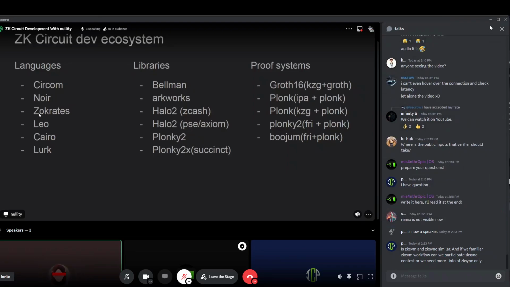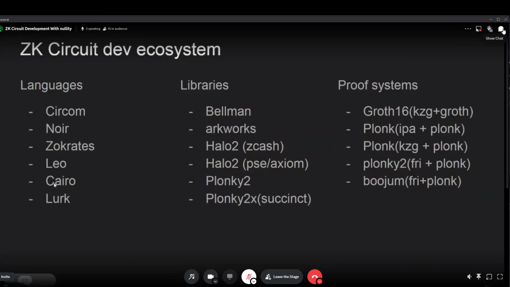Most of the time, Socrates is not used. Leo is used by Aleo, that's another chain. Cairo, as you know, is Starknet's language. Lurk is used by Lurk Labs, which is like a ZK section of Filecoin.